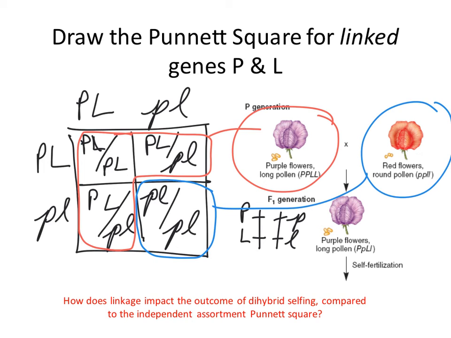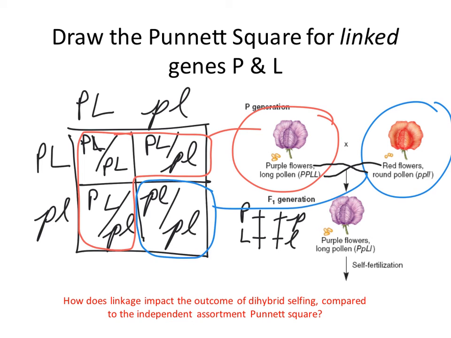But when the genes are unlinked, when they're on different chromosomes, we see additional phenotypes, purple flowers with round pollen, the traits that are not seen in the parents. Purple flowers with round pollen and red flowers with long pollen, we see when the genes are unlinked. When the genes are linked, those aren't here. Those individuals aren't represented in this Punnett square.